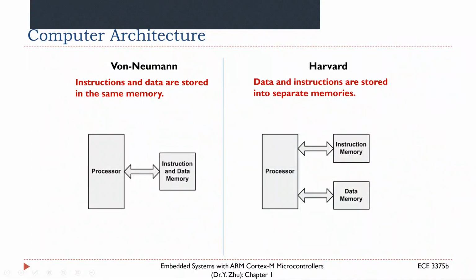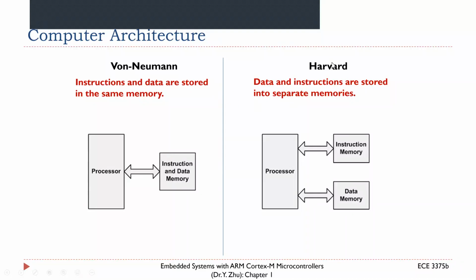So we divide computer architecture into two formats in terms of what kind of memory it would use. If both instruction and data use the same memory, and the memory interacts with the processor or central processing unit, and these are in one single chip, then we call that computer architecture a von Neumann computer architecture.